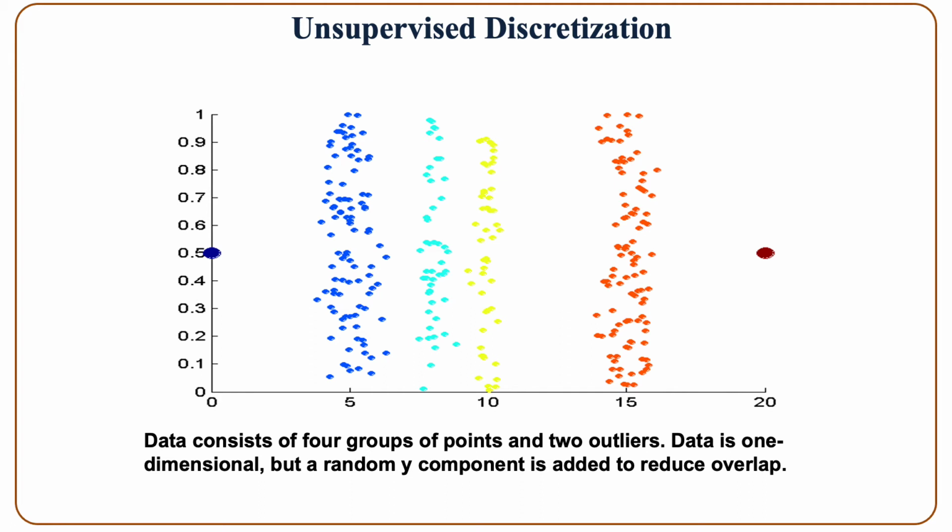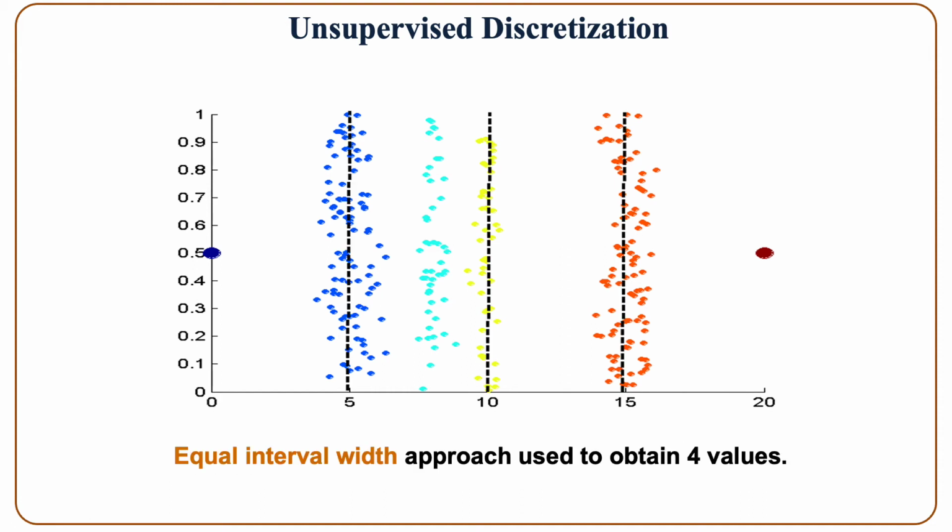We have four groups of points: blue, green, yellow, and red, and two outliers. Basically, the data is just one-dimensional. However, a random y component is added to reduce overlap so that we can visualize the points. This is the illustration of the unsupervised discretization approach.